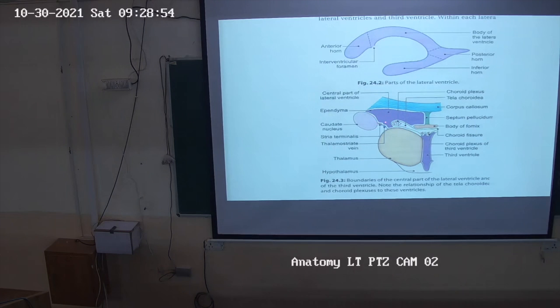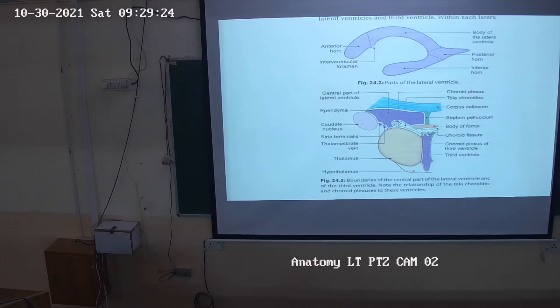That pouch passes between the body of the fornix and the superior surface of the thalamus and enters the lateral ventricle. Look here, dotted structures are seen. These dotted structures are the blood vessels.